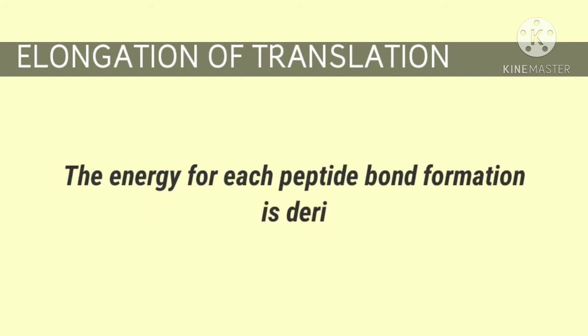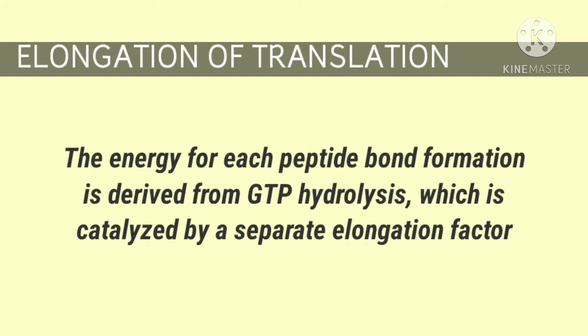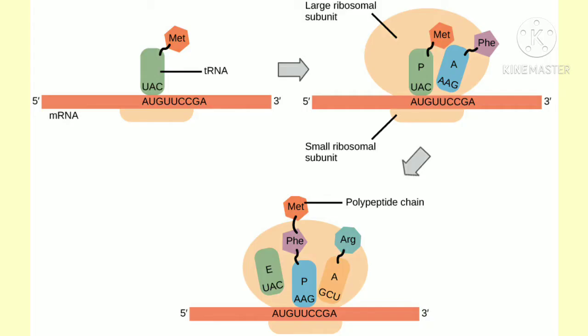The energy for each peptide bond formation is derived from GTP hydrolysis, which is catalyzed by a separate elongation factor. The amino acid bound to the P site tRNA is also linked to the growing polypeptide chain.